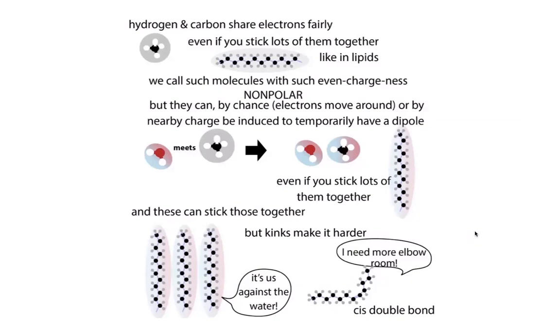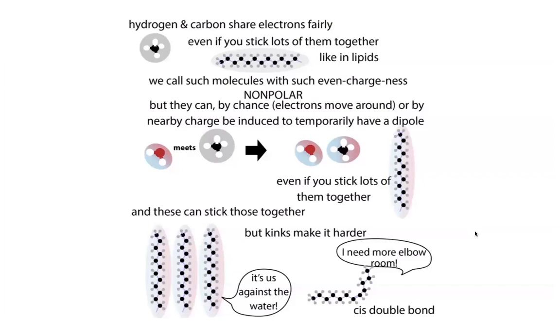Once you've gotten that entropy gain from pushing them together, the longer the chain, the more area over which those dispersion forces can be acting. So as you increase the length of the chain, you also increase the ability to have those interactions.